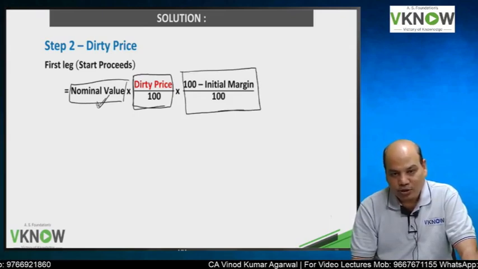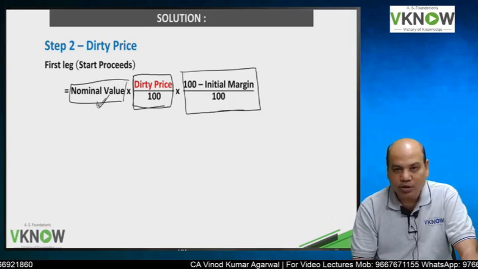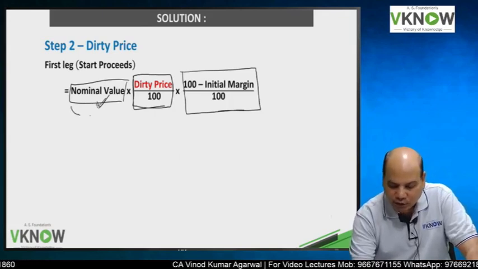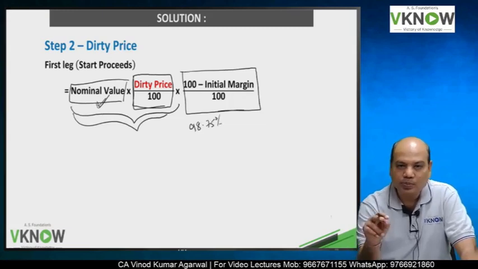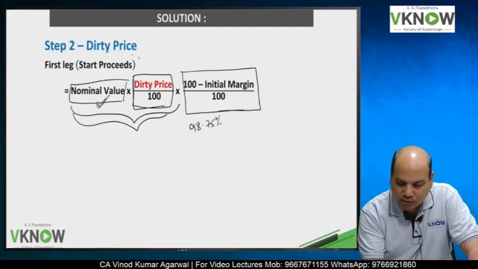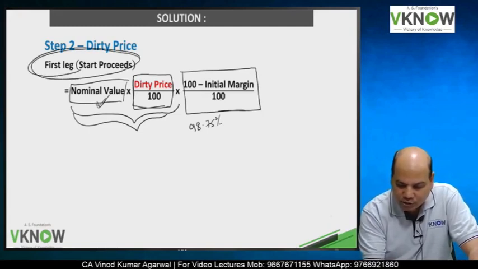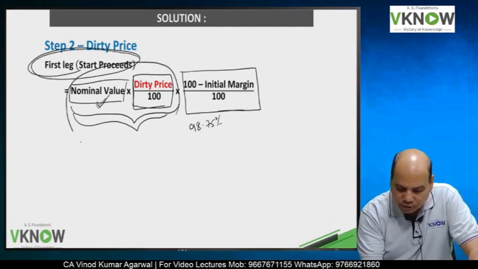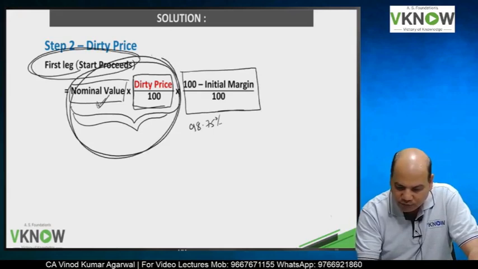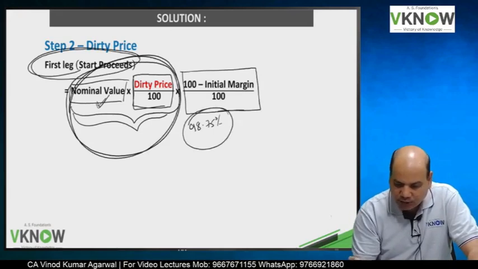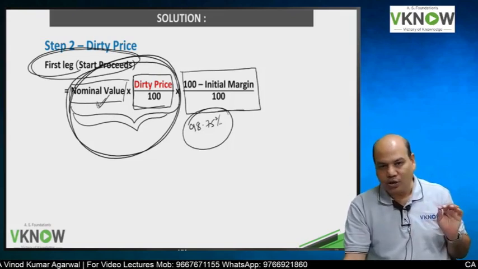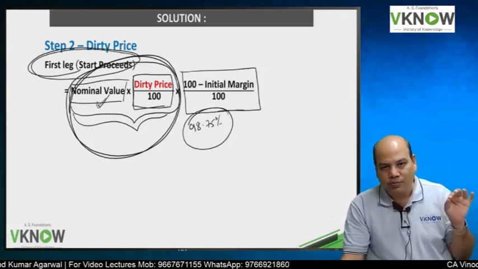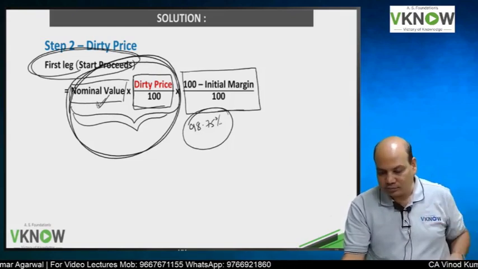The lender is paying you only, in this example, 98.75%. So the amount that is lent is equal to the dirty value of the investment multiplied by 98.75%, as the lender is not paying you the full value. He is keeping some margin.